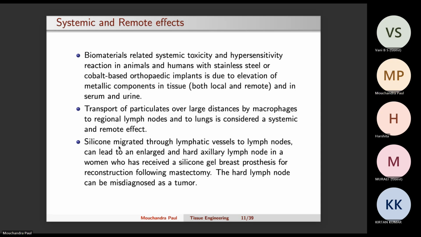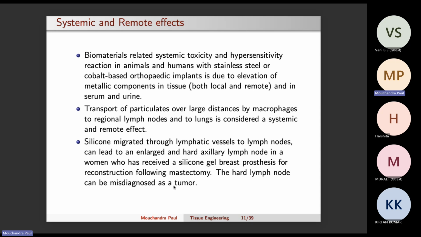It has also been seen in patients who receive a mastectomy and are implanted with a silicone gel breast prosthesis. There, due to the activity of these macrophages, silicone particulates migrate to local lymph nodes and cause toxicity, because people have found enlarged and quite hard lymph nodes which can cause misdiagnosis as a tumor.